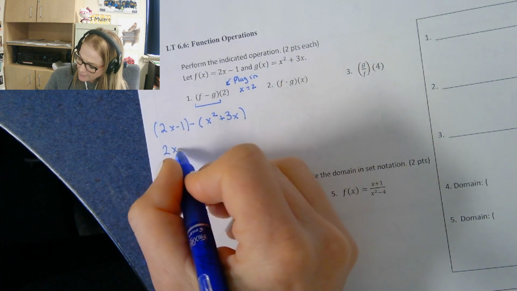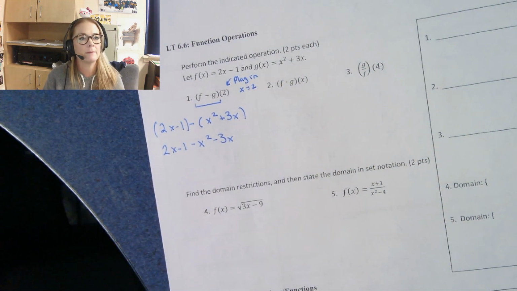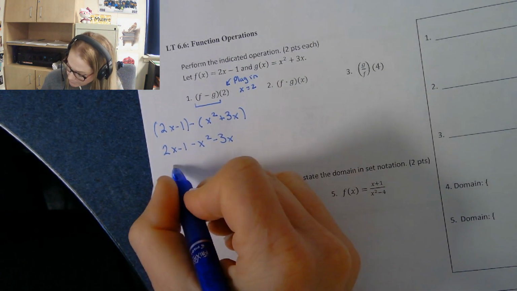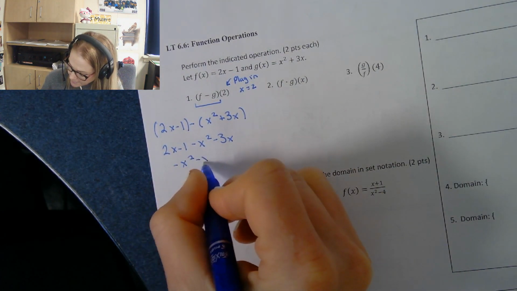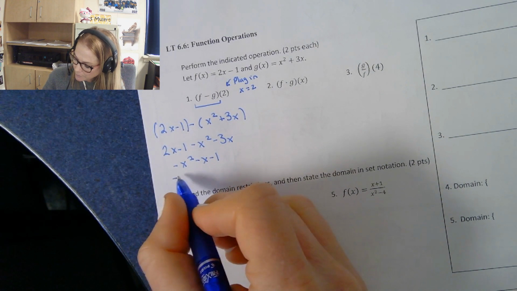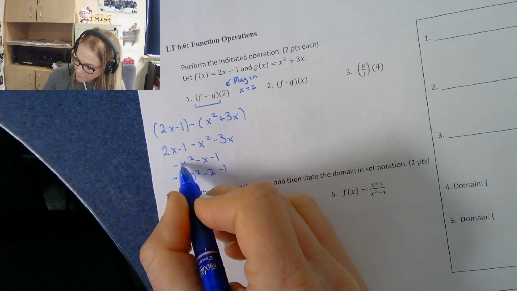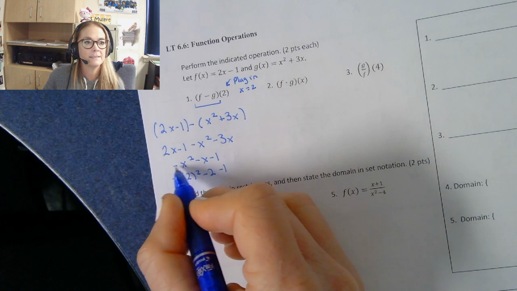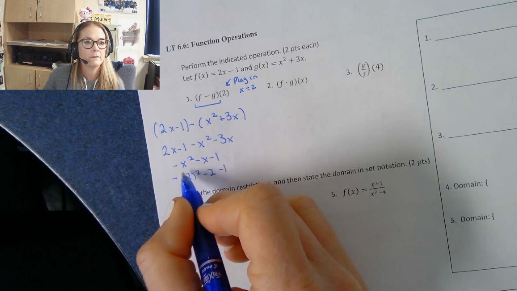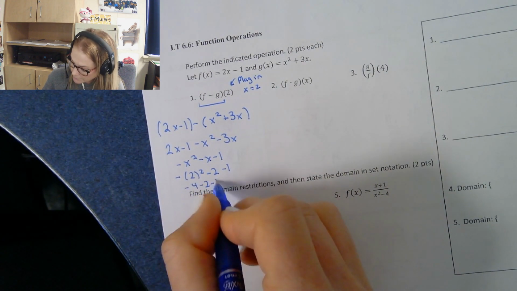So 2x minus 1 minus x squared minus 3x shakes out to be minus x squared minus x minus 1. And then I'm going to plug in 2. So negative 2 squared minus 2 minus 1. The 2 just goes where this x is, so this negative is just kind of chilling out, waiting in front. The 2 squared there is just going to be 4. Negative 4 minus 2 minus 1, which is negative 7.